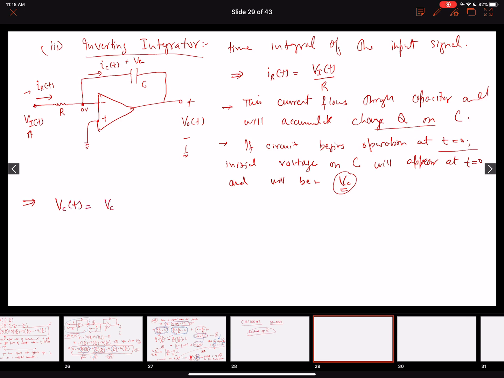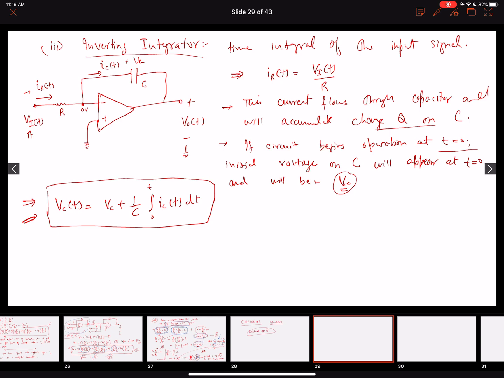It will be equal to Vc, its initial voltage, plus 1 over C, integral from 0 to t, IC of t into dt. In your earlier courses, you have analyzed in detail such RC and LR circuits and these time domain networks. All right, so this is the voltage across the capacitor.